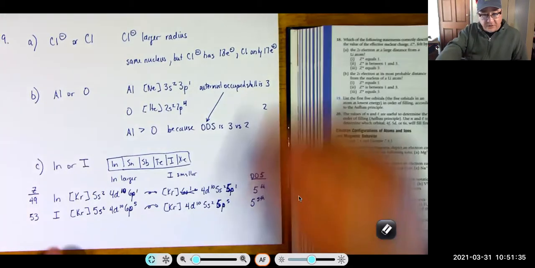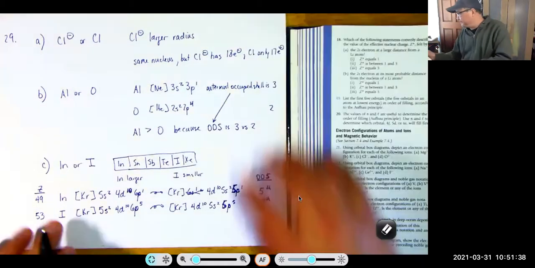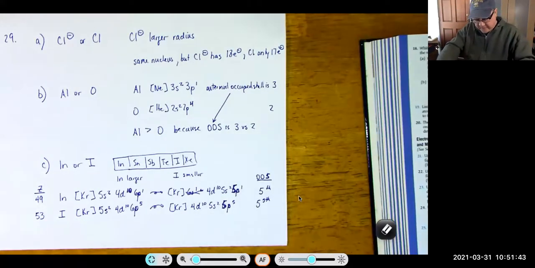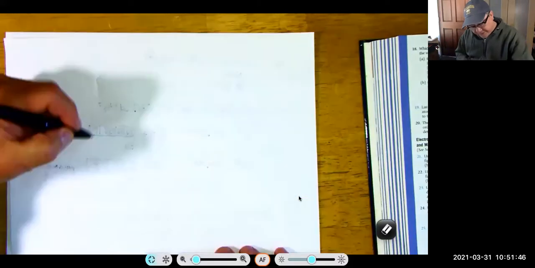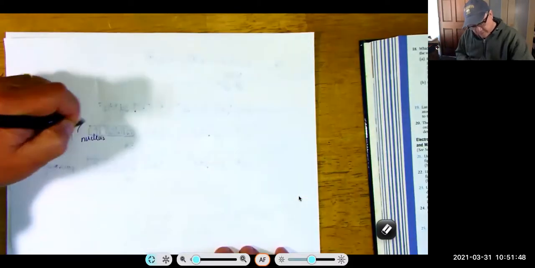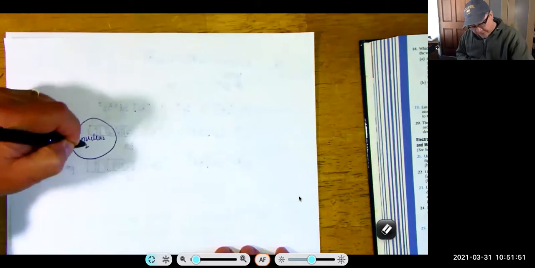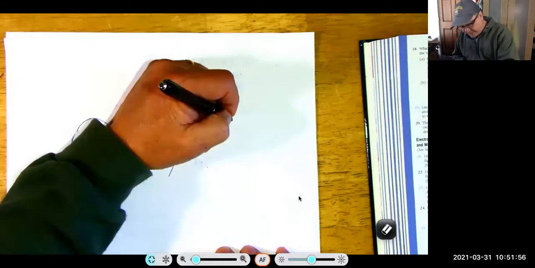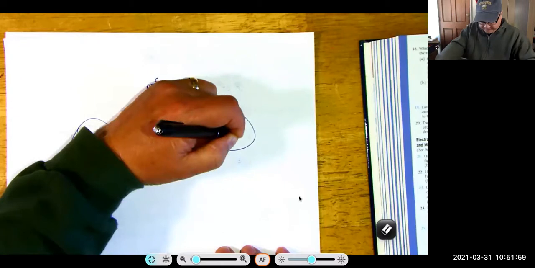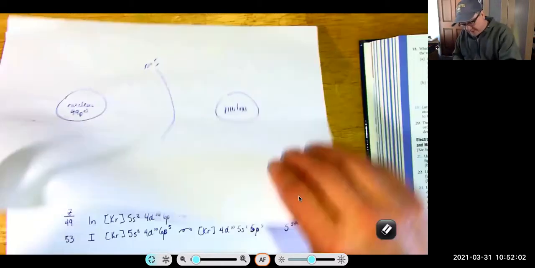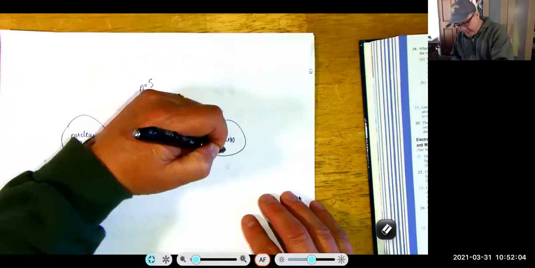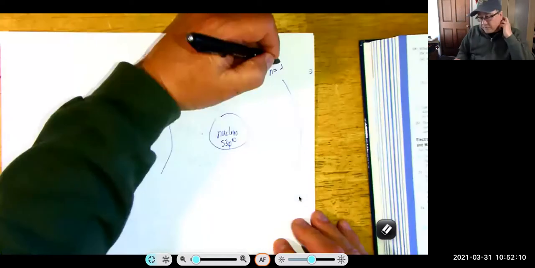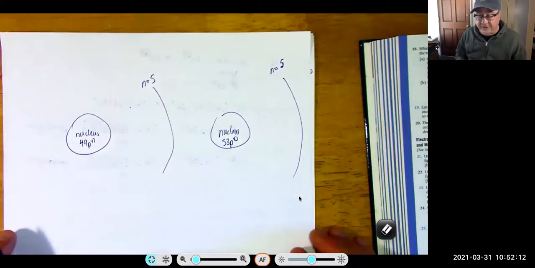So I'm going to go to another piece of paper here. Now, if you have a nucleus with 49 protons in it, and you've got an n equal 5, compared to a nucleus with 53 protons in it, and you've got an n equal 5, which one is going to be able to pull those electrons closer to it because it's got a larger charge?